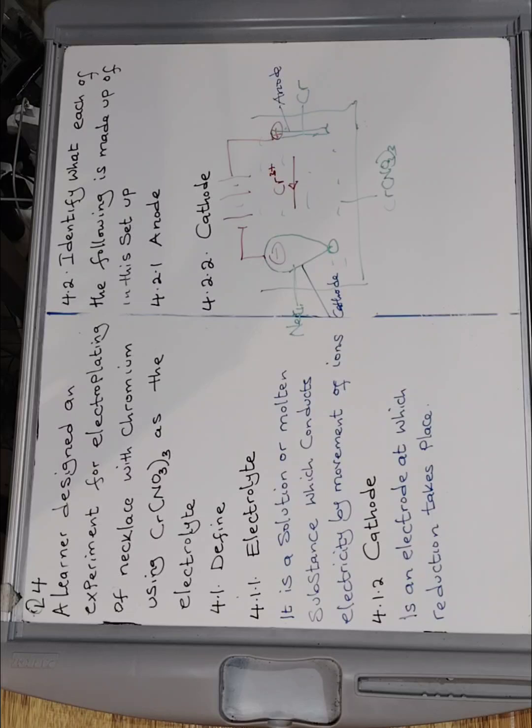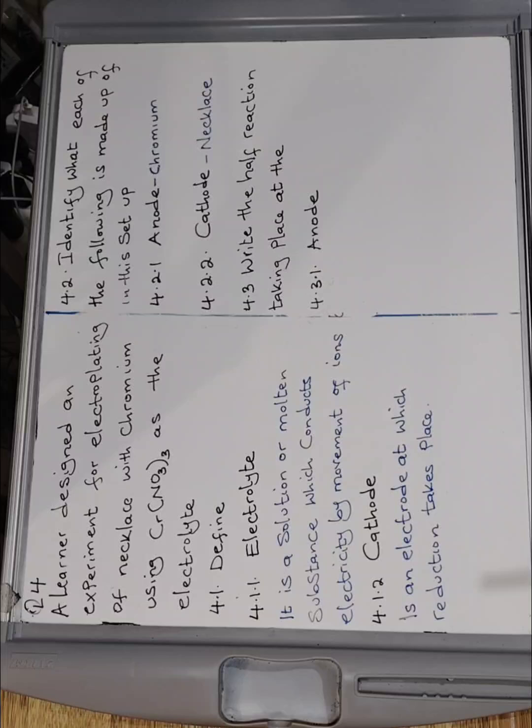So to answer the questions above, which one is anode? It is the chromium metal. And which one is cathode? It is the necklace. Okay, let's put those down.